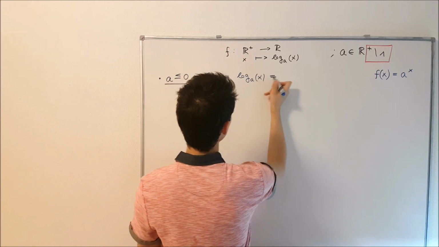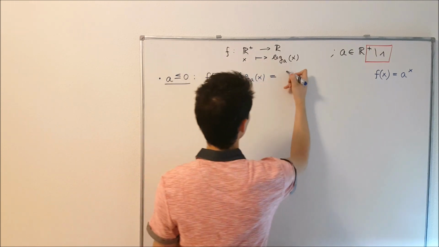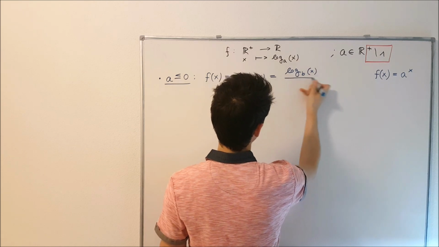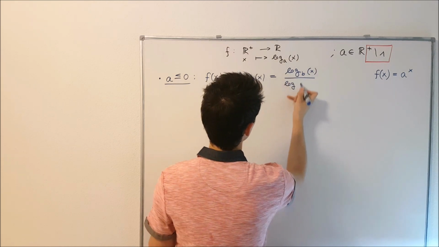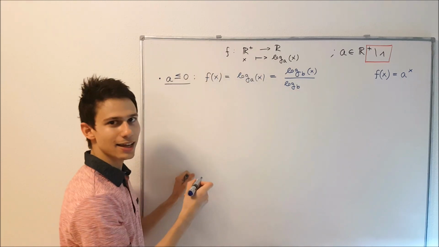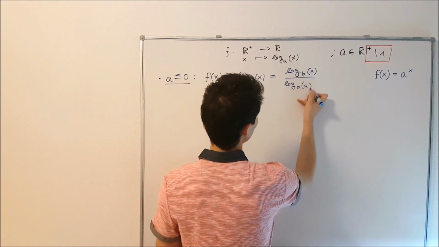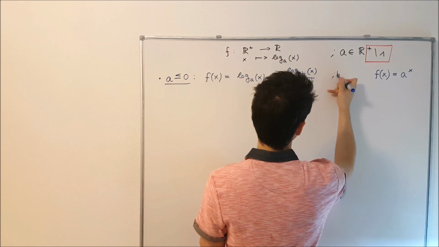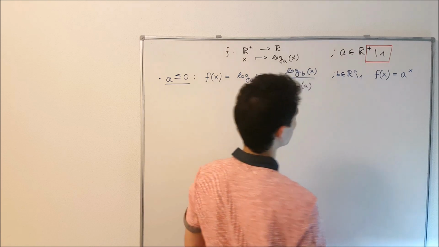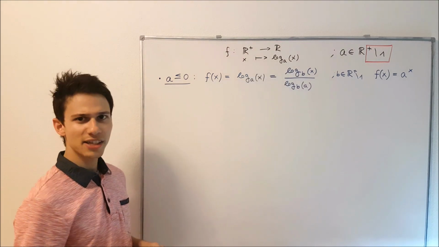And we can rewrite this as the log to some new base b of x divided by the log to this same new base b of the old base a. And the new base b obviously has to be real, positive, and not 1 as well. Can you see the problem?